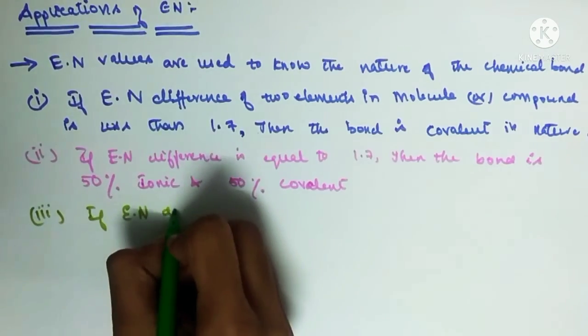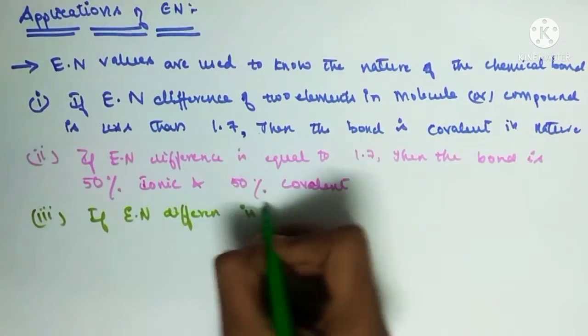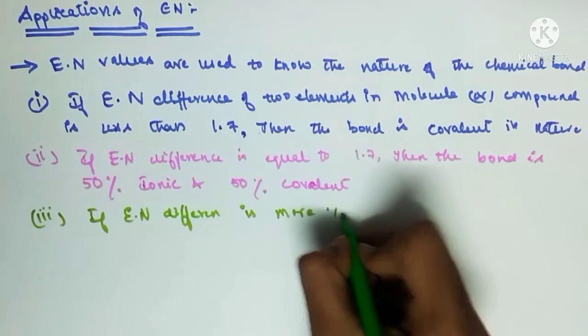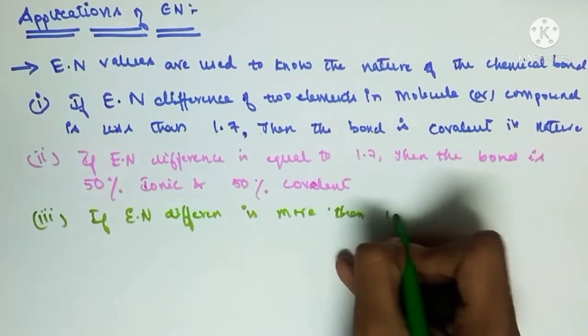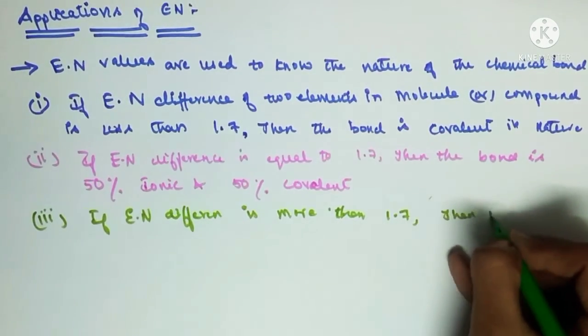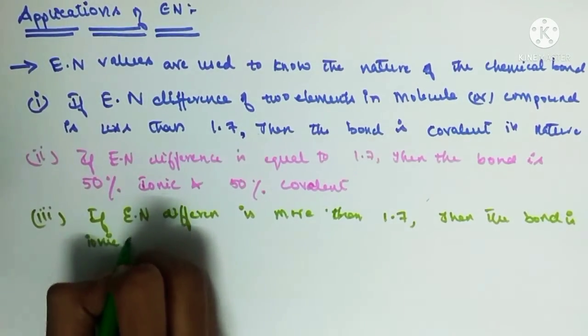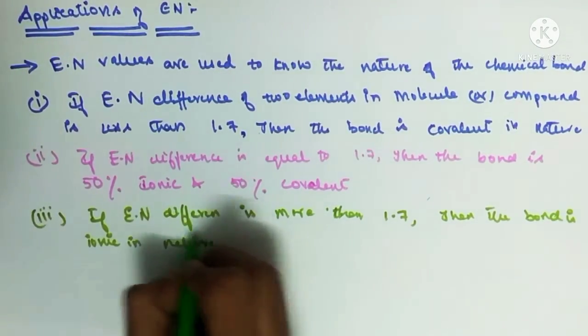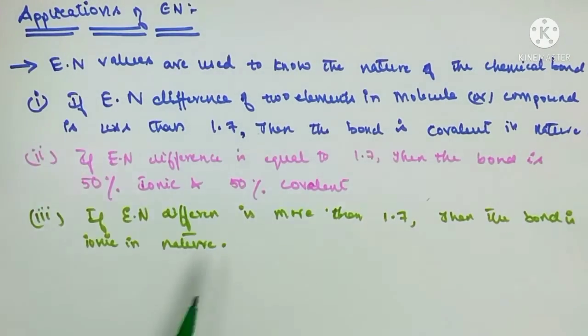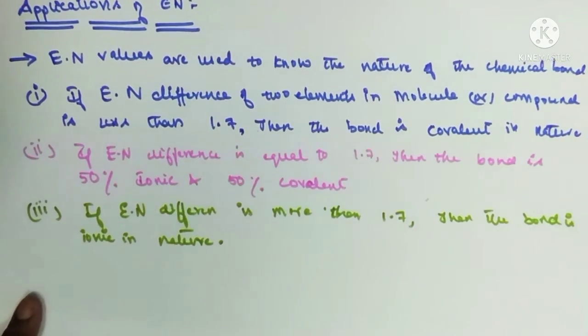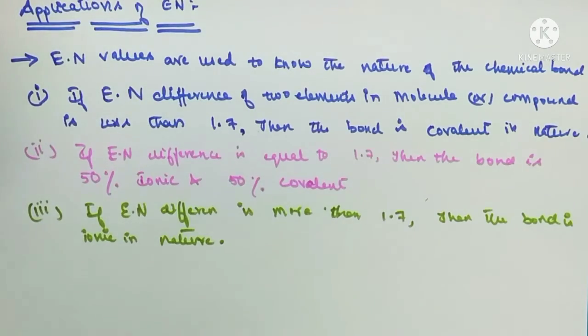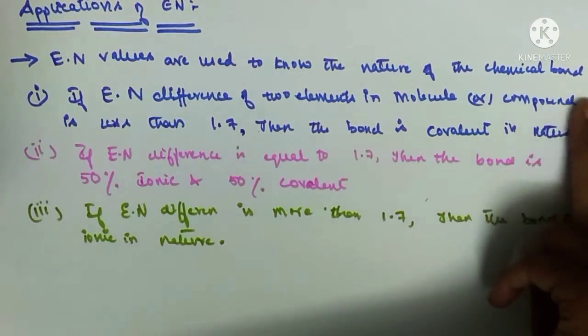If the electronegativity difference is more than 1.7, then the bond is ionic in nature. This is the most important application of electronegativity. We have already learned how to calculate the electronegativity difference, so by that we can find the nature of the chemical bond in a molecule or compound.